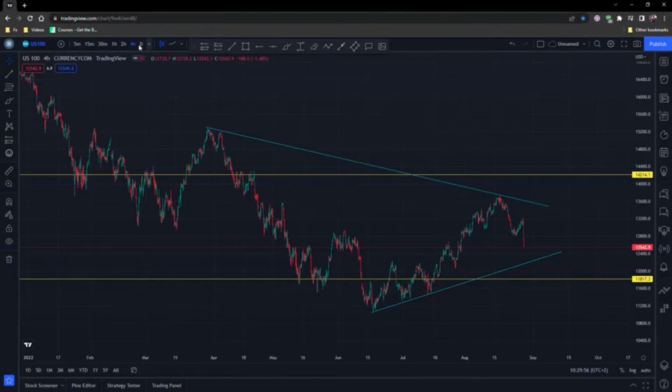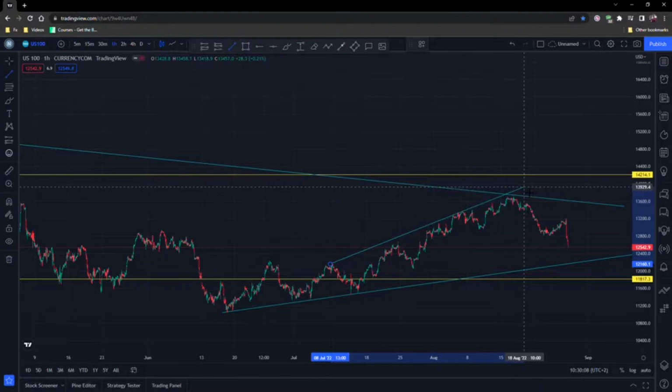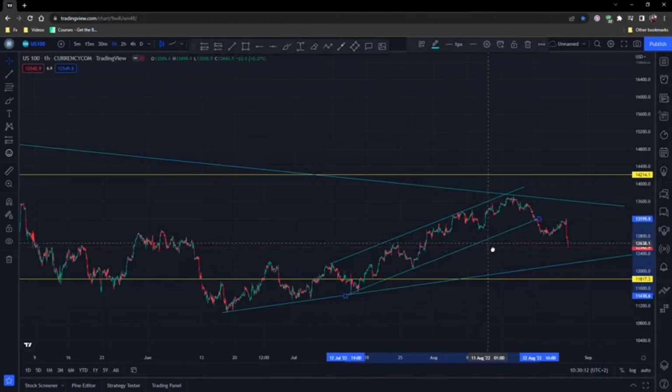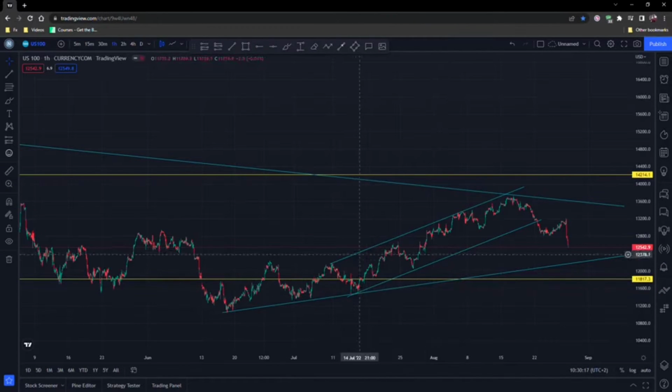But also on the inside, let's go to the hourly. On the hourly, what we can also see is that we have this area right here, which has passed. But at trends and trends, we're now having an ascending triangle right here. We reached the top of that, we came back down.